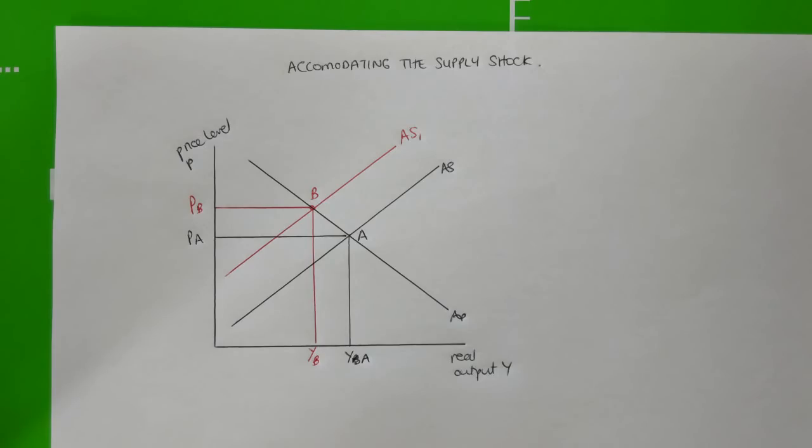It's particularly bad for an economy that experiences a supply shock because they experience both rising inflation and rising levels of unemployment. The question then in this case is, well, will the government do anything about it, or the Reserve Bank do anything about it? And if they do, what would it look like?